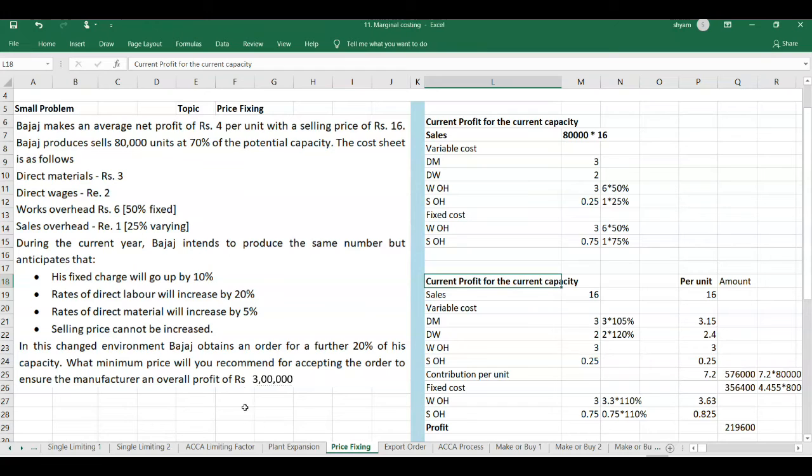Okay, so assume that they want a 3 lakh profit. Okay, let's see what happens now.